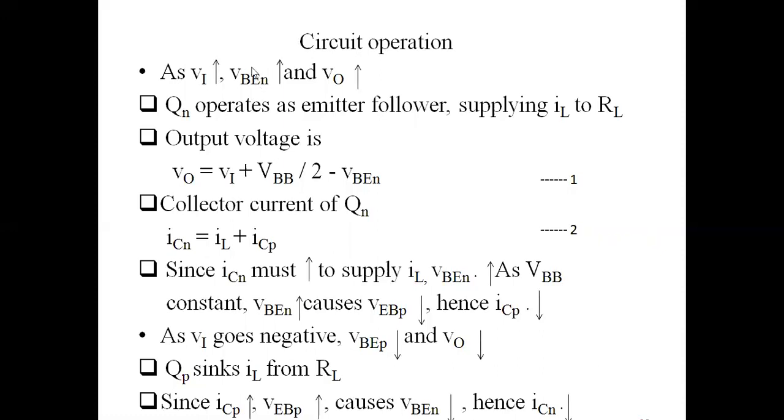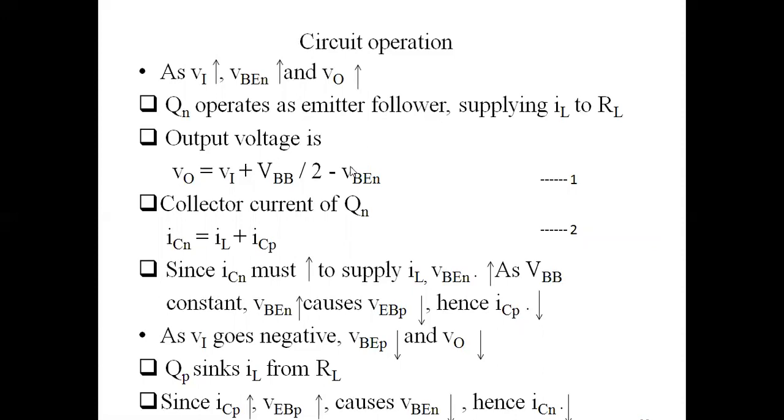The voltage at the base of the QN, that is VBN, also increases by the same amount, and therefore the output becomes positive, with almost an equal value: V0 is equal to Vi plus VBB by 2, the applied bias voltage, minus the saturation voltage, minus VBEN.